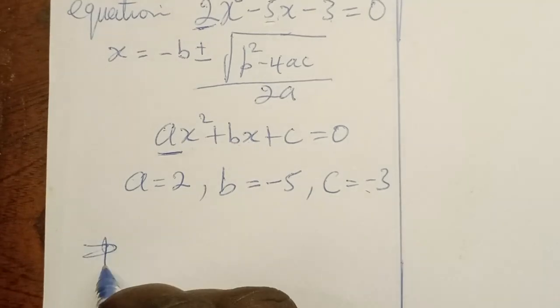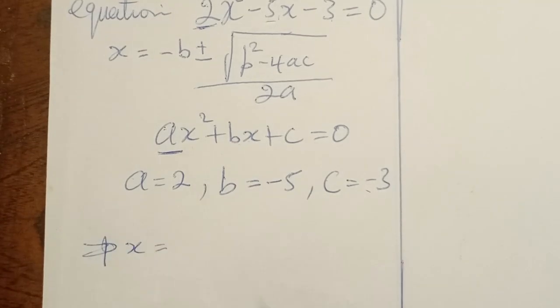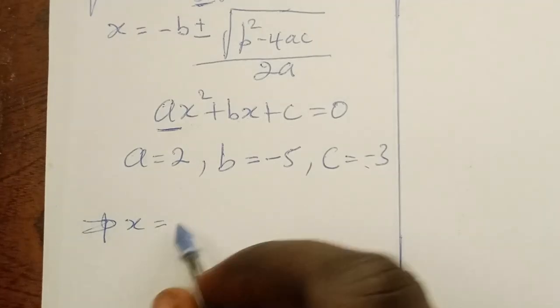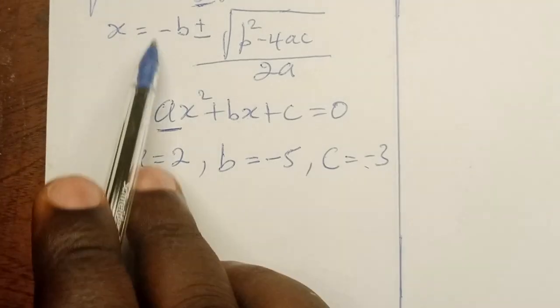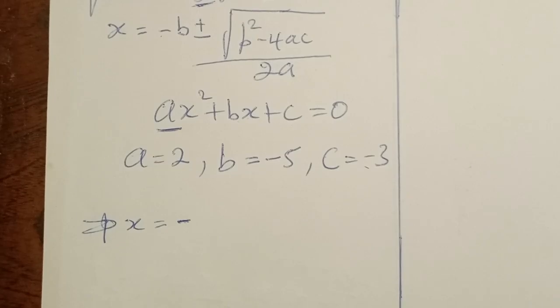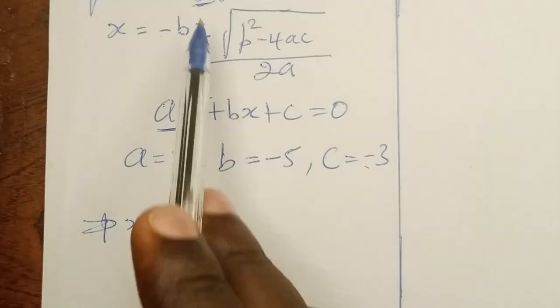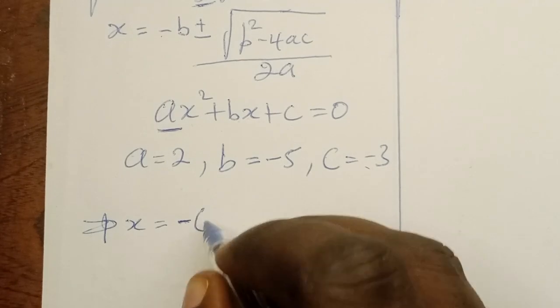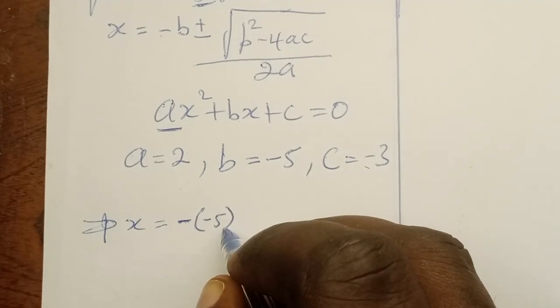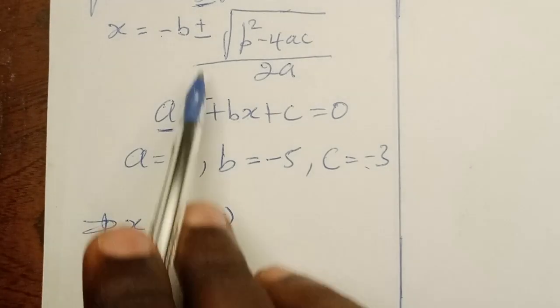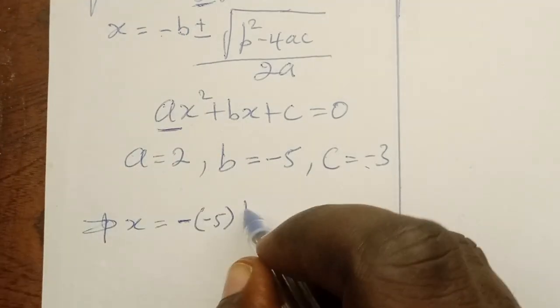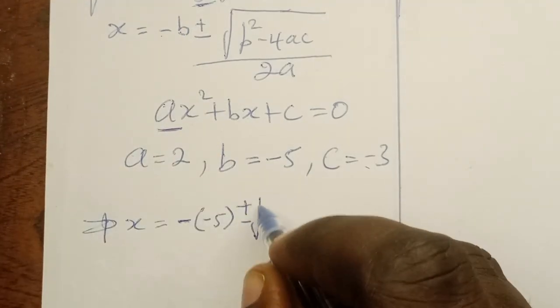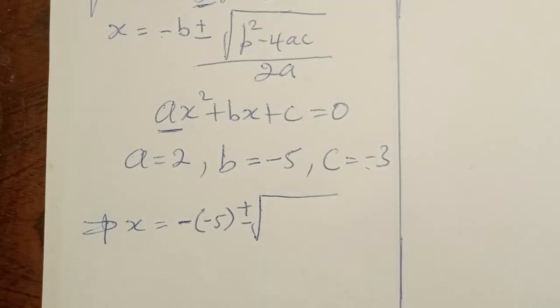This is going to imply that x will be equal to, let's take out the minus which is here, then b, our b here, as you can see, is minus 5, so into minus 5, then plus or minus square root of b square.